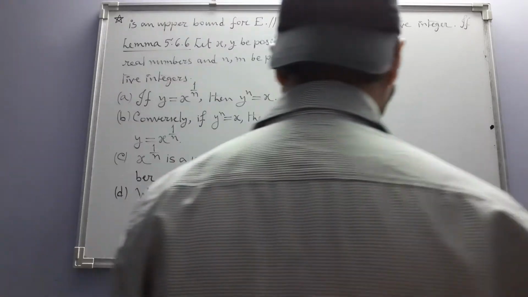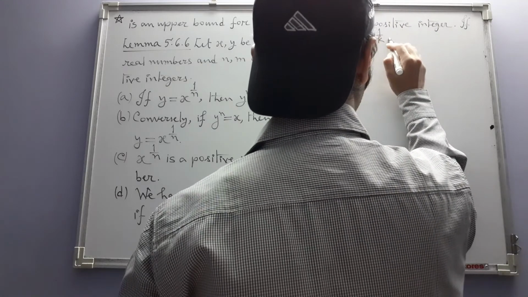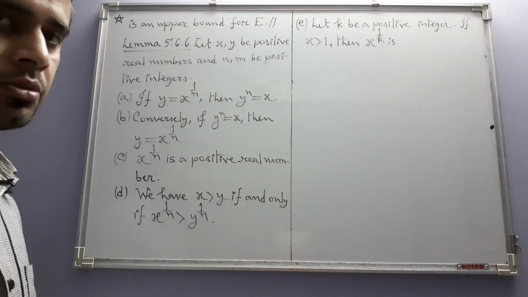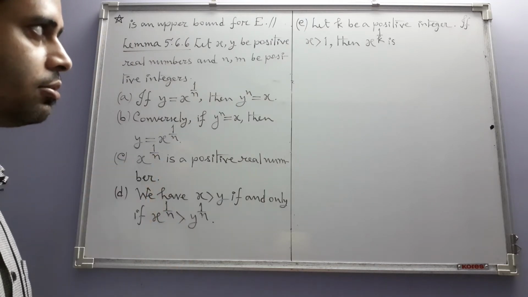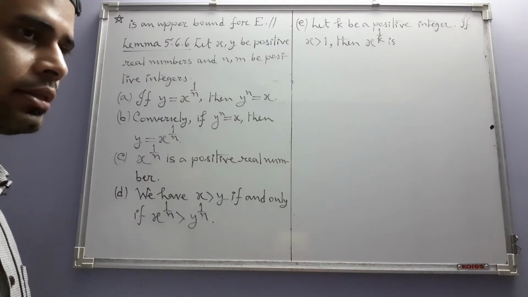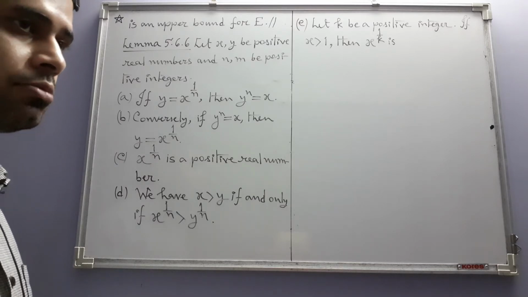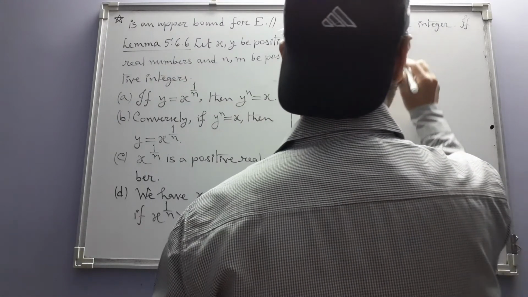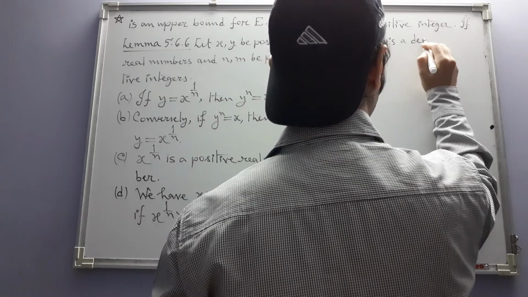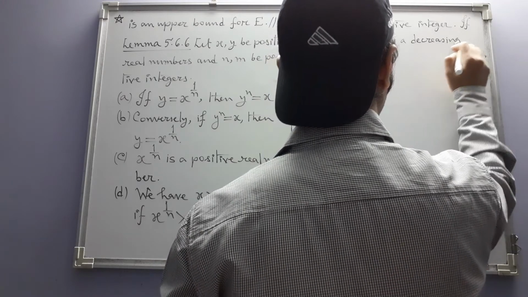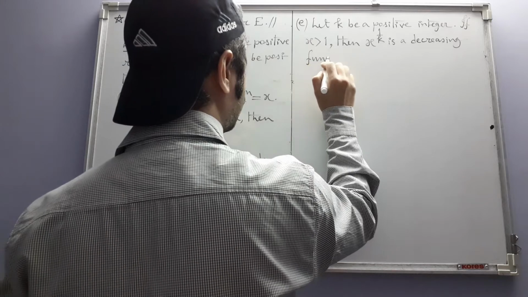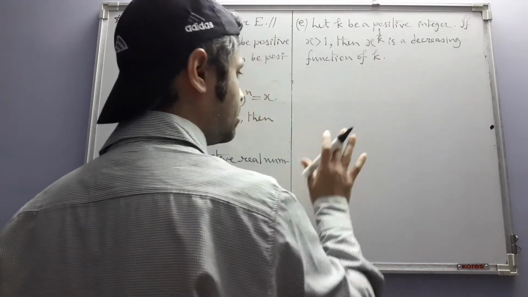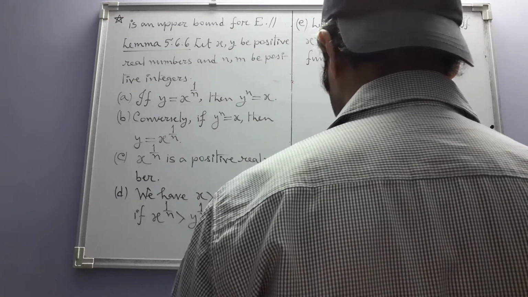So as a function of k, this is decreasing. The higher the value of k, the lower the value of x to the power 1 by k will be. So the square root of x will be greater than its cube root, which will be greater than its fourth root, and so on. Okay, so this is a decreasing function of k. x remains fixed, x does not change, k changes.